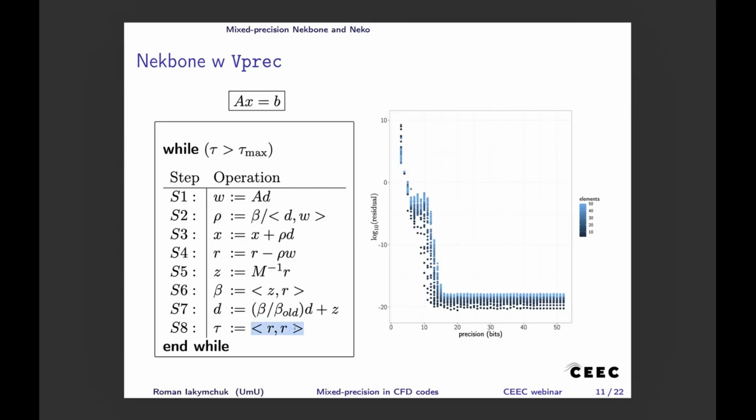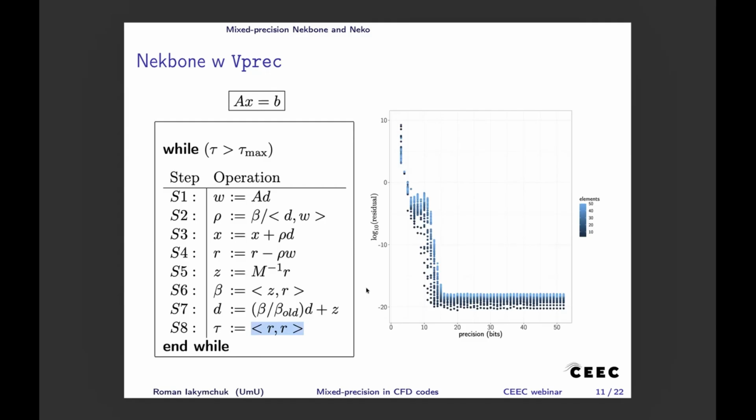especially we put our focus on step A, the computation of the residual. On the right we do an experiment by changing the number of bits in the mantissa. The exponent was kept as double precision, and we observe on the Y axis how the residual changes. We also use different problem sizes, different numbers of elements, and higher is better.